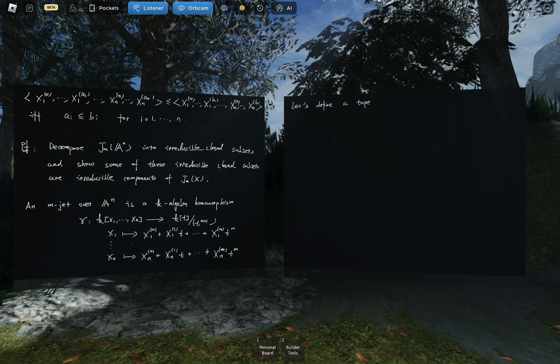Define a tuple denoted by a gamma, where each of these ai is a number in this set.